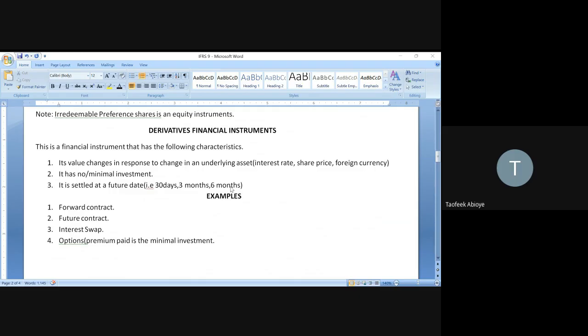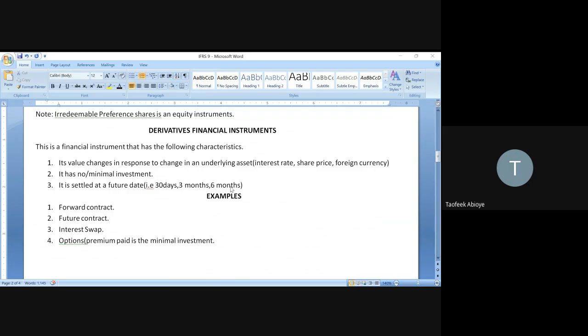Can both of us enter into a contract, called a forward contract, that next month you will sell dollar to me at 1,005? Not to talk of what happens next month. Even though CBN announced that dollar is now 1,700, it does not concern me. I say I want to buy it at 1,005 next month in your own hand. I need that $2,000 and I want to buy it at 1,005.